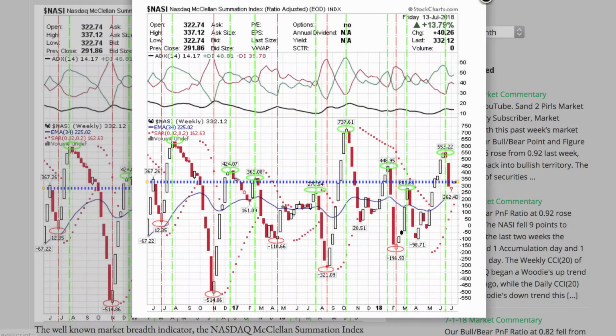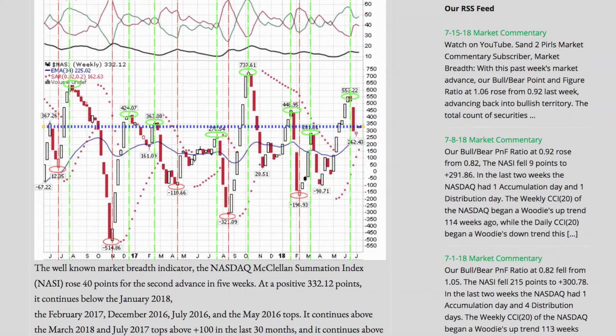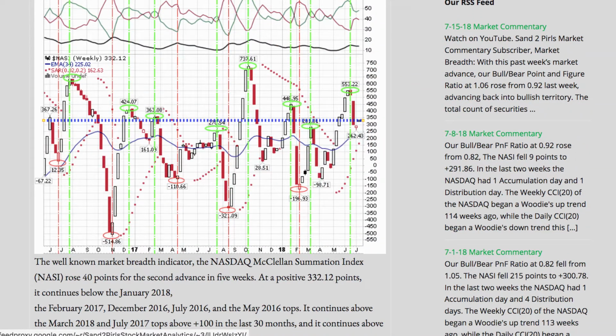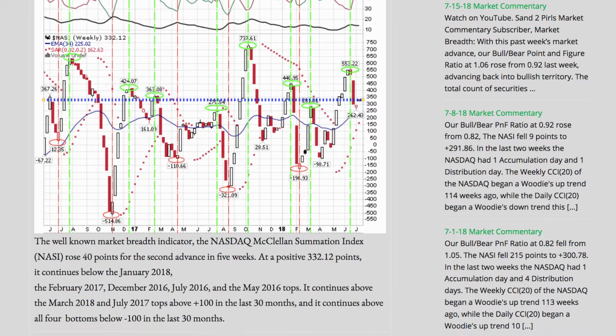The well-known market breadth indicator, the Nasdaq McClellan Summation Index, rose 40 points for the second advance in 5 weeks. At a positive 332.12 points, it continues below the January 2018, the February 2017, December 2016, July 2016, and the May 2016 tops.